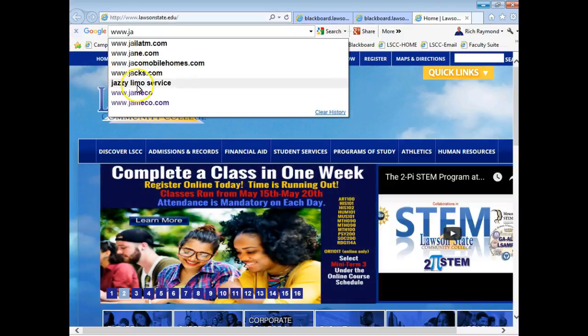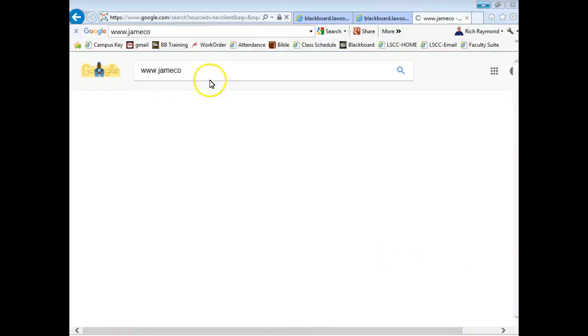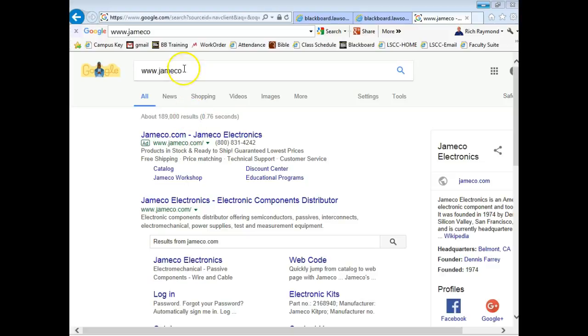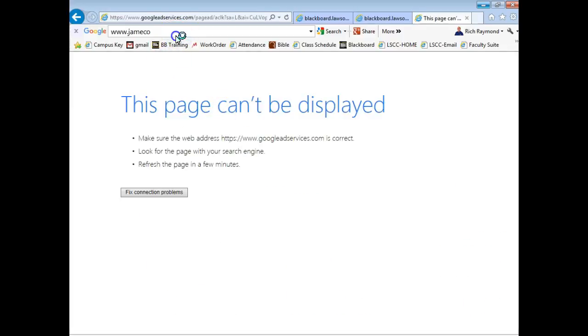Now we'll just look at Jamico, and then we'll look at, dang it, it did a search. Most of the time when you use this first one up here, you usually get an error.